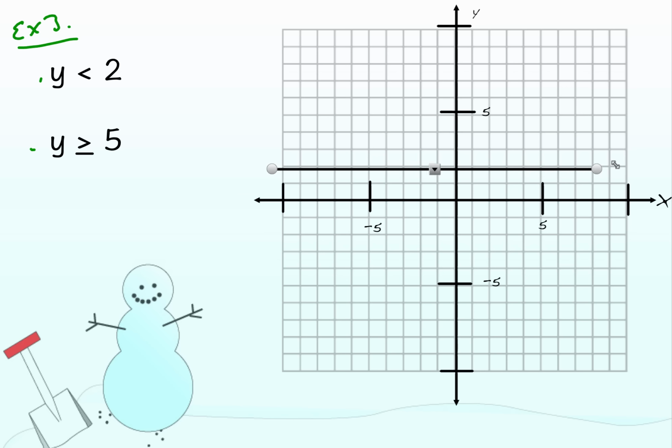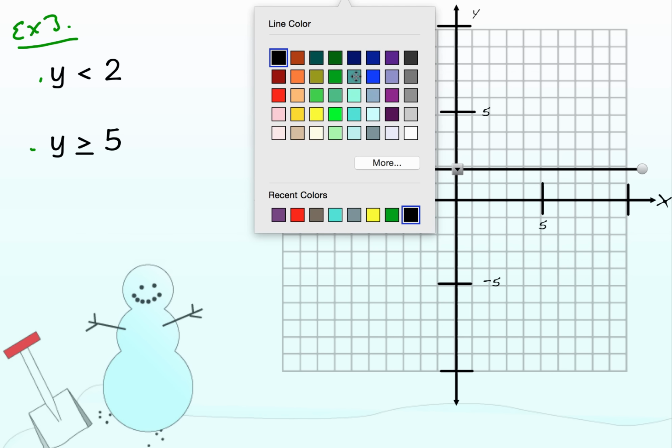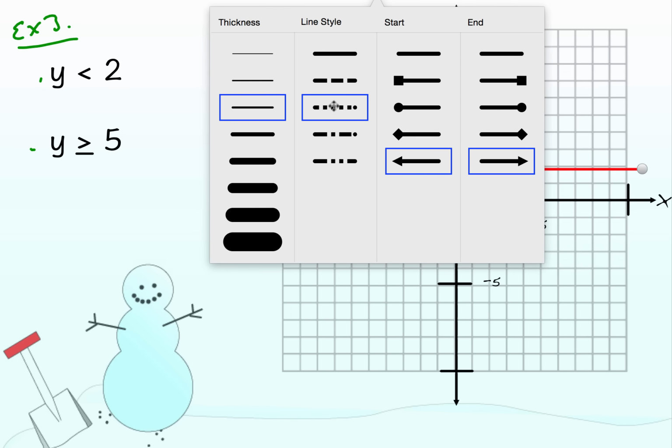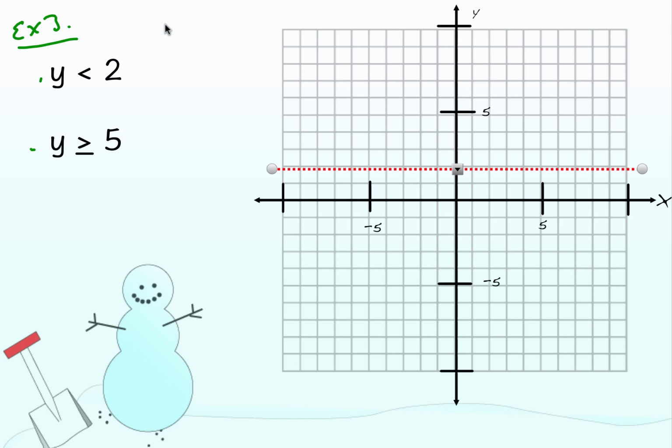Extend my line. I'm going to make it red, and it also has to be dashed. Because, remember, I can be above the line, I can be on the line, or I could be below the line. And according to this, it only wants the y values that are below. So therefore, it has to be dashed. I can't be on it. I can't be equal to it.